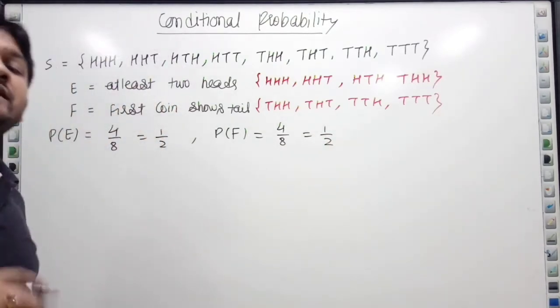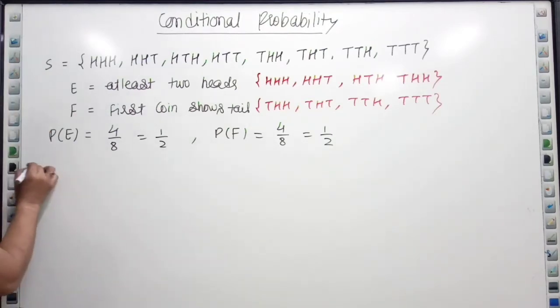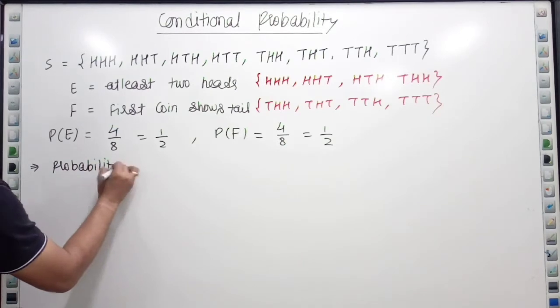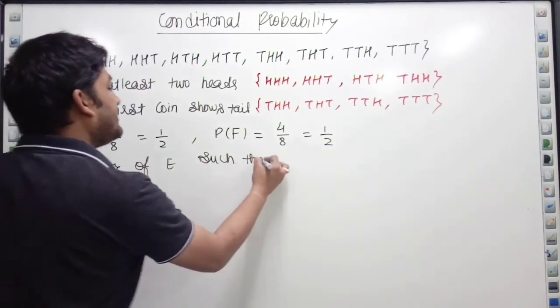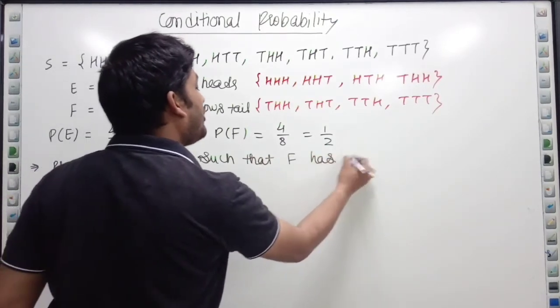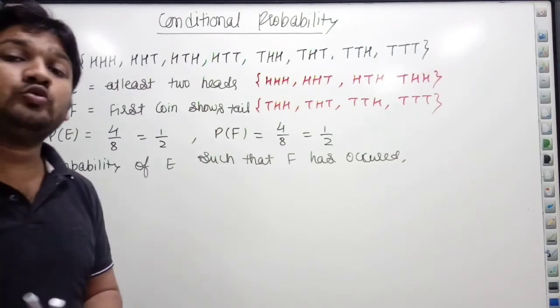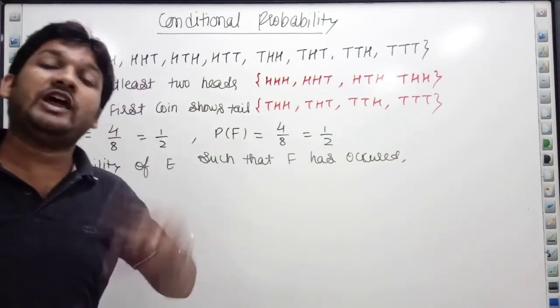Now, the main thing that we are going to discuss here is this line, just read it. Probability of E such that F has occurred. It means we are interested in finding the probability of E, and we know F has occurred.